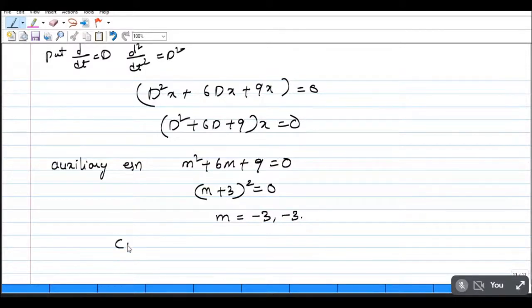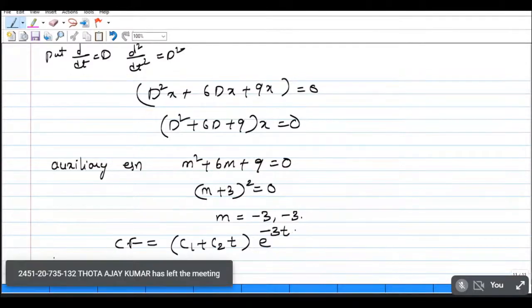Then what is the complementary function? Minus 3 is a real repeated root. What is the complementary function? C1 plus C2t, because dx by dt is given, into e power minus 3t.